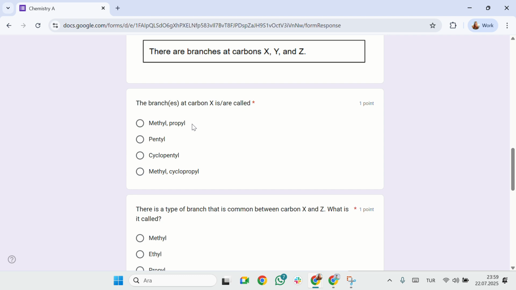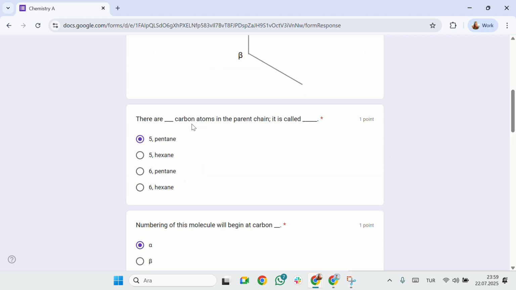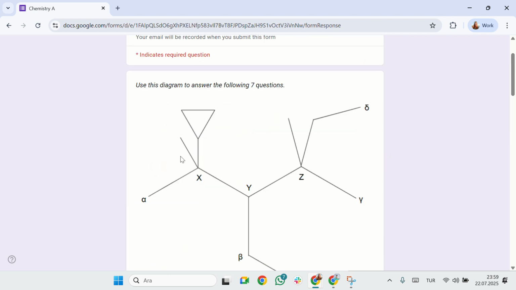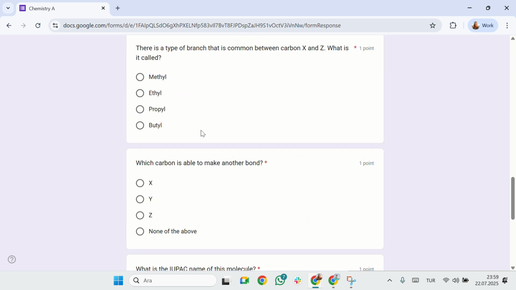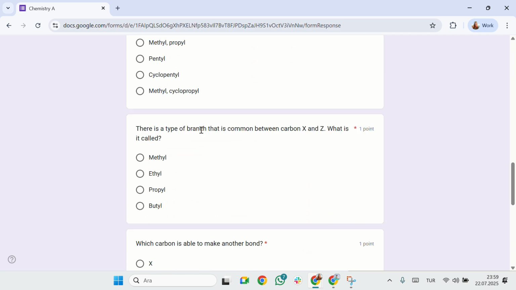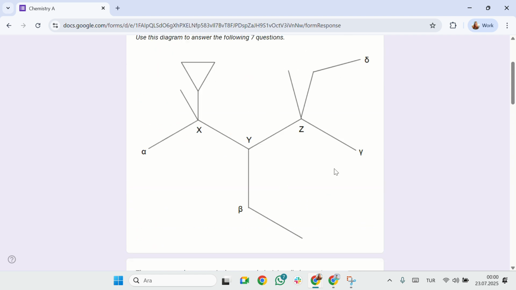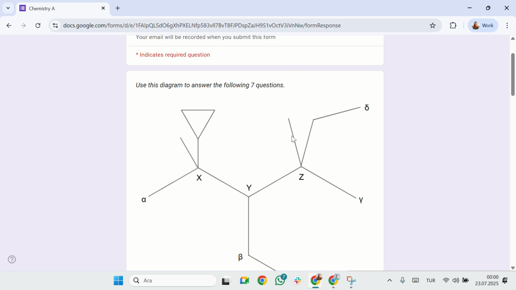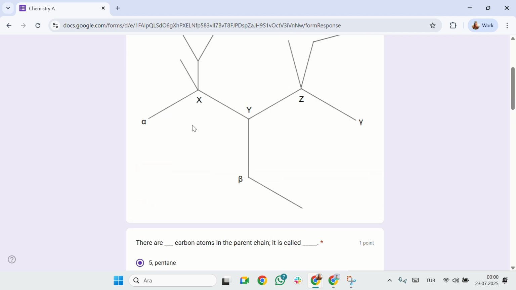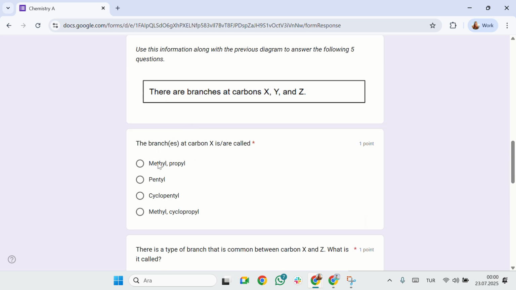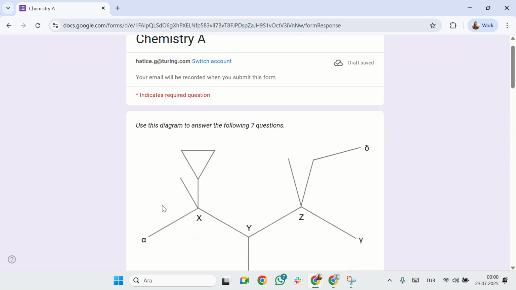Should we divide these two, or shouldn't we? That's common between carbon X and Z, so this means that we should divide both. So I'm gonna go with this has two carbons.